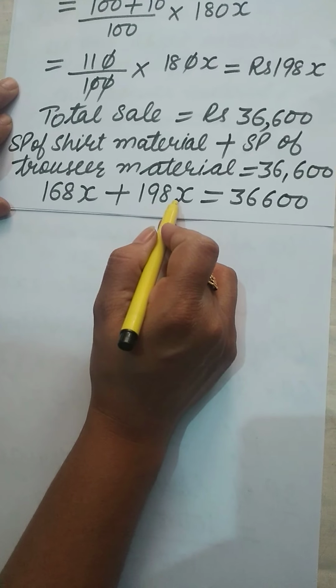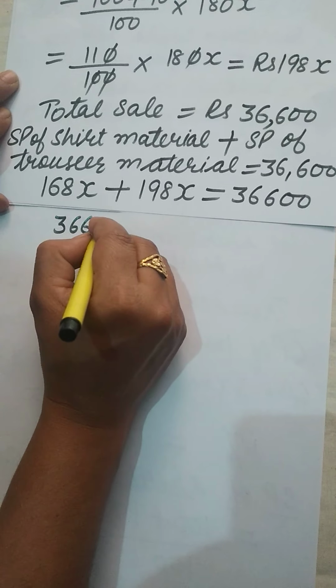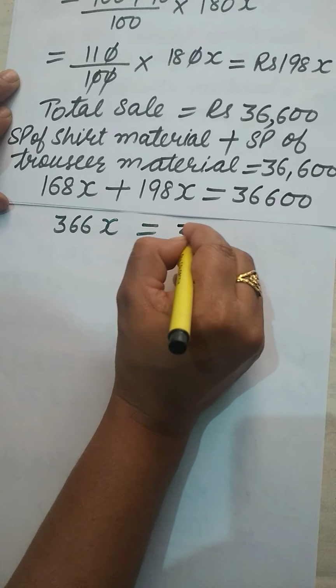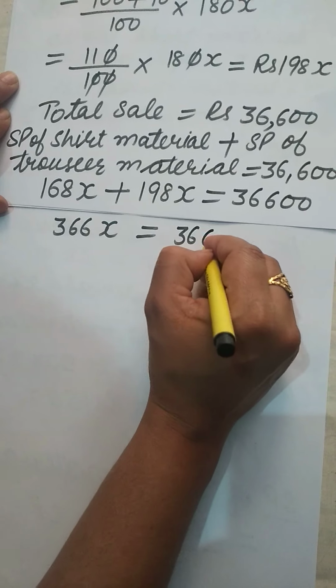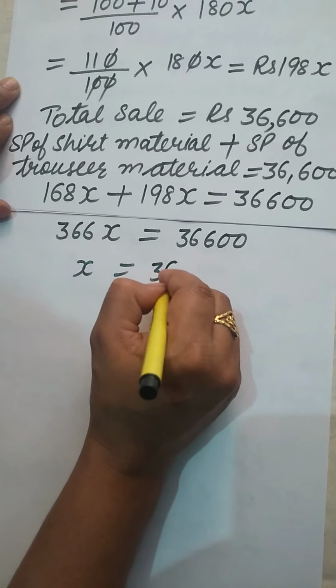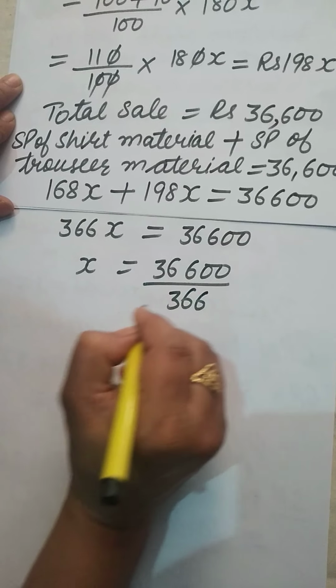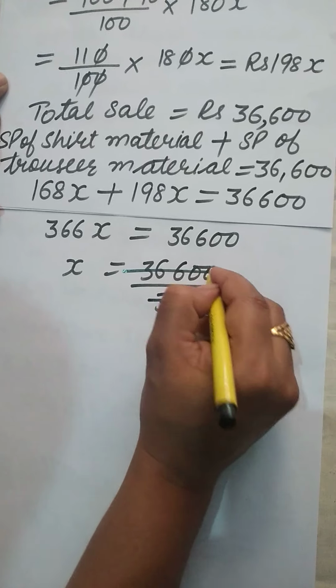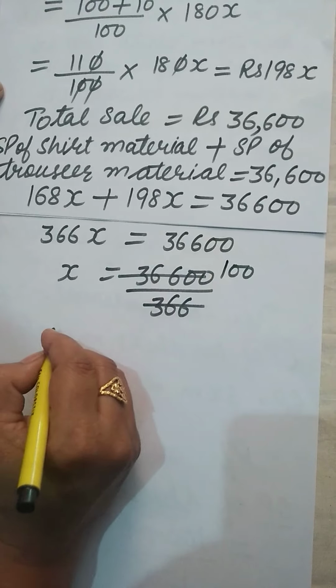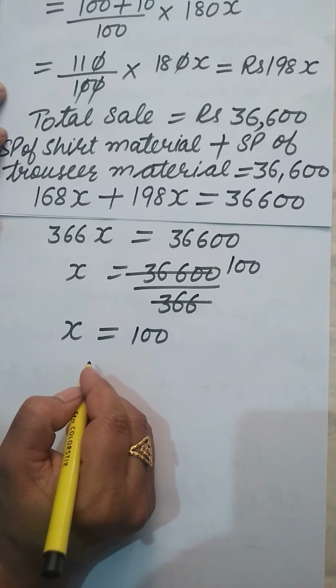168x plus 198x is 366x, which is equal to 36,600. So x will be 36,600 divided by 366. Do the simplification, it will be 100. So the value of x is equal to 100.